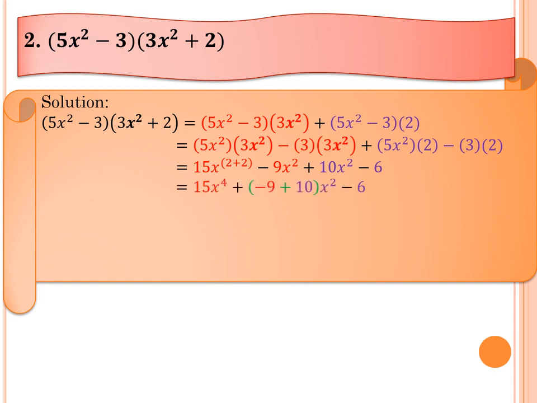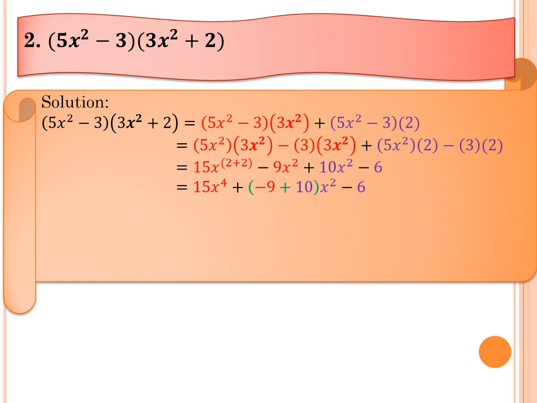Okay? So, after this, we're going to add the exponents. We just add them. So, 15x to the power of 2 plus 2 is just equal to 15x to the power of 4. Okay? Positive 15x to the power of 4, then negative 9 plus 10 x squared, since 9x squared and 10x squared are like terms, so we're going to combine them.